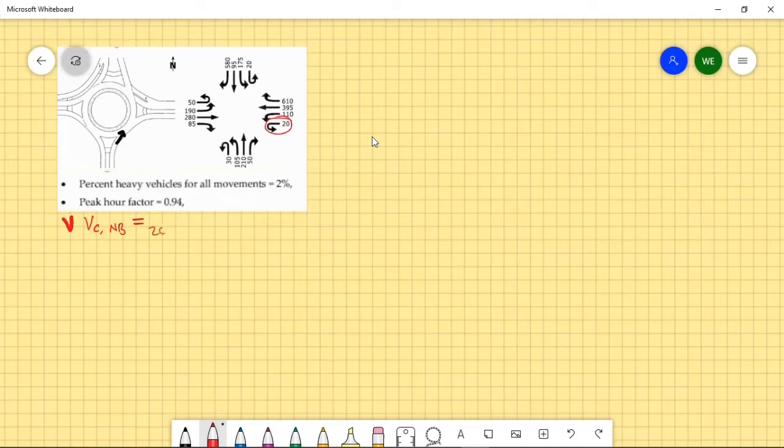So it equals this one, 20, plus these two, plus the left turn, 175, plus this volume and this volume and this volume, 280, plus 190, that's the left turn volume, plus the U-turn volume, which is 50.